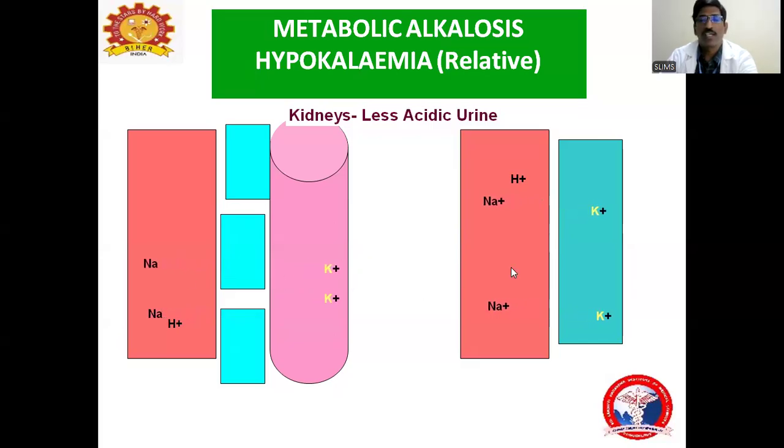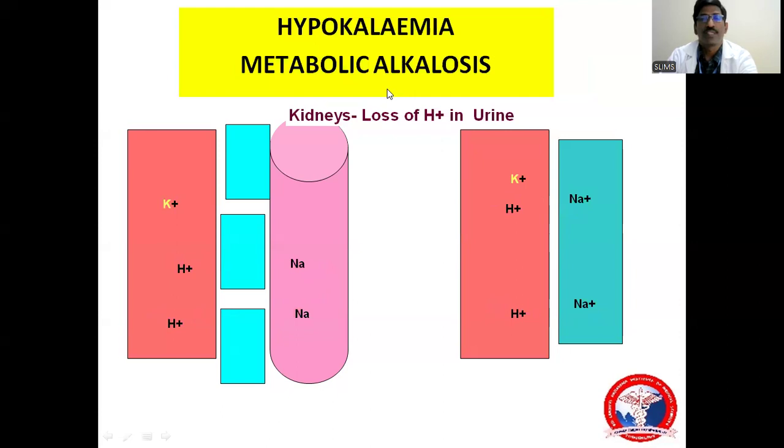So we get a hypokalemia, which is a relative phenomenon. Now, you see, potassium is low. So no other go, hydrogen will be exchanged. So when the potassium is low, it causes hypokalemia.